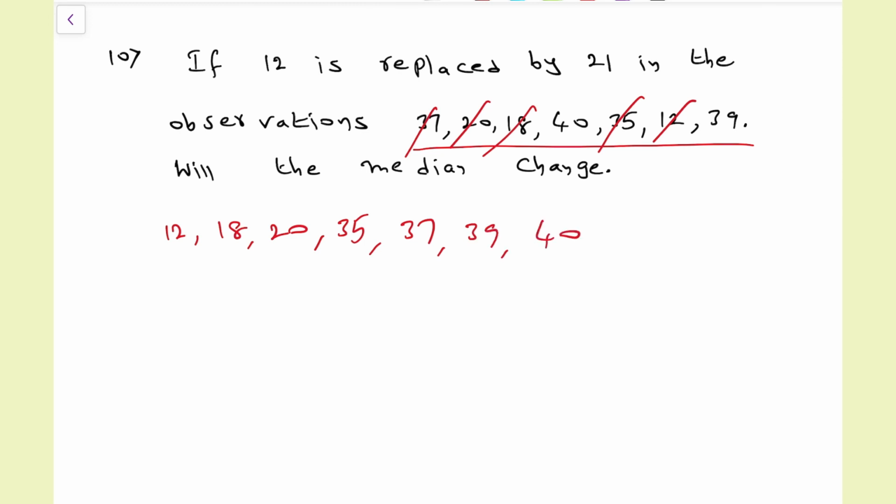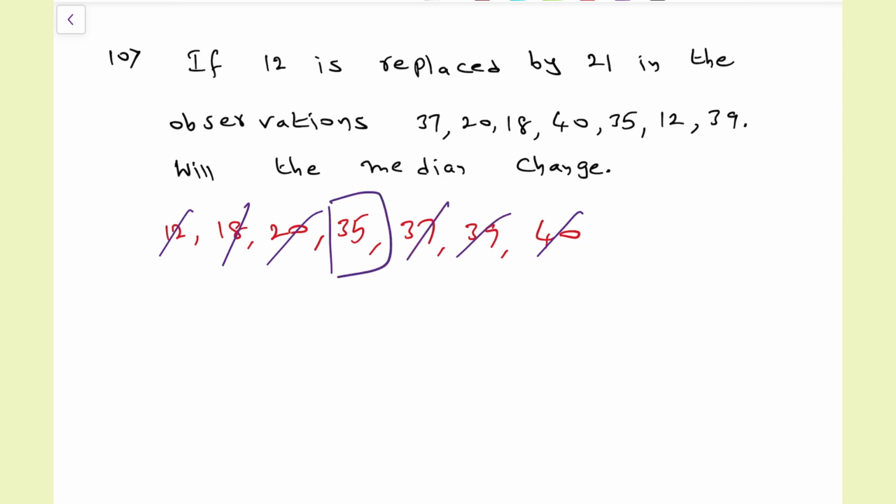I wrote all observations in order. So first let us find the median without doing any changes. Here one number, one number, one number on each side, so 35 is in the middle. So median is 35.